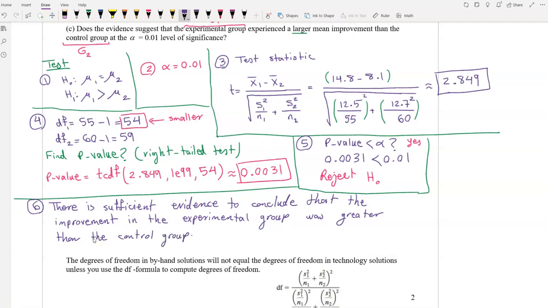So we rejected null, meaning that we have alternative, and for alternative mu1 is greater than mu2. So this was our answer based on what we had for the degree of freedom.